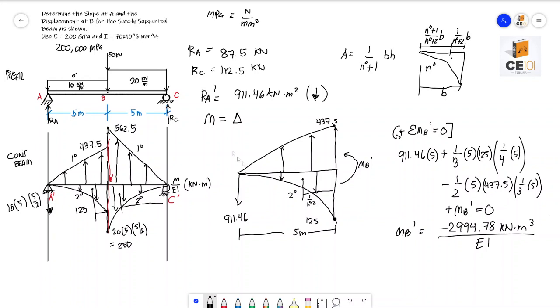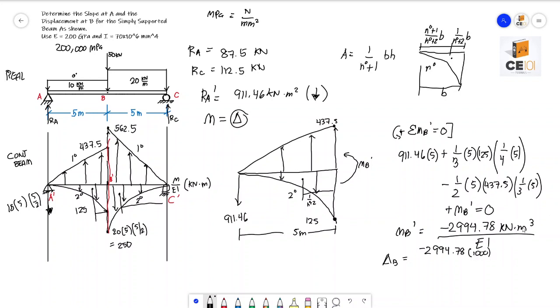So sabi ko nga, kapag nakuha na natin yung moment, makukuha na rin natin yung displacement. So displacement na to ng B. So yung displacement ng B will be equal to negative 2,994.78 kilonewton times m cube. So para maging newton yung kilonewton, ta-times natin ng 1,000.